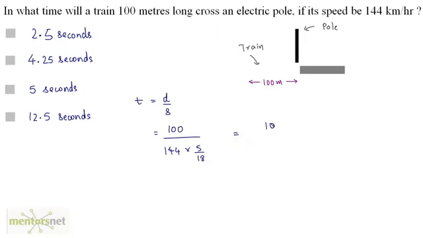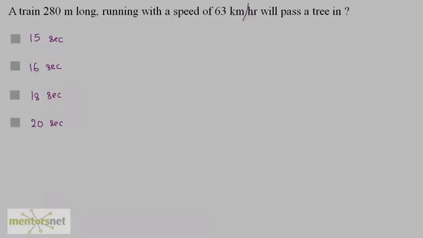So this is equal to 100 times 18 by 144 times 5. 18 times 8 is 144 and 5 times 20 is 100. So this is 20 by 8, that's 5 by 2, and that's 2.5 seconds. So the time taken by this train is 2.5 seconds.